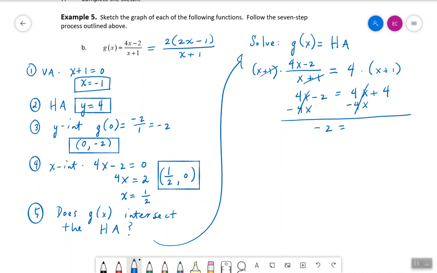So we have negative 2 equals 4, which is a contradiction. That's never true, and so there's no solution. And so that means that g of x does not cross the horizontal asymptote.